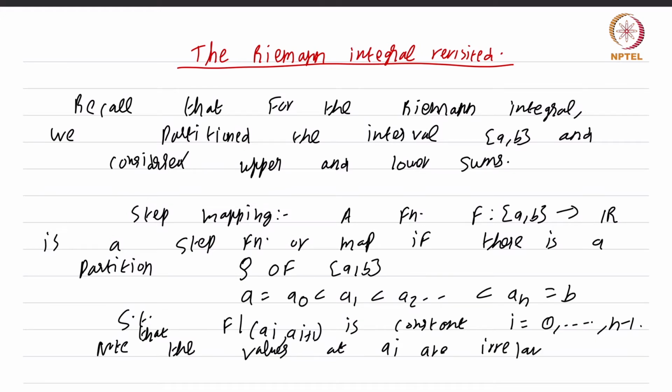It could be anything. For a picture, let's say this is our interval [a,b], then you have this partition. In each one of these subpieces the function is constant. So that's what a step function is. At these endpoints it could be anything. It could take values that are very different at the endpoints. It really doesn't matter.